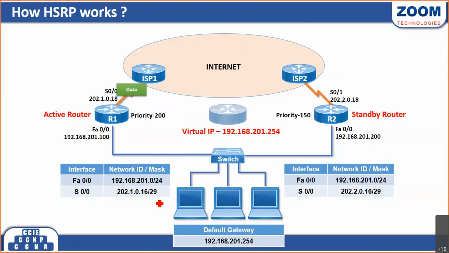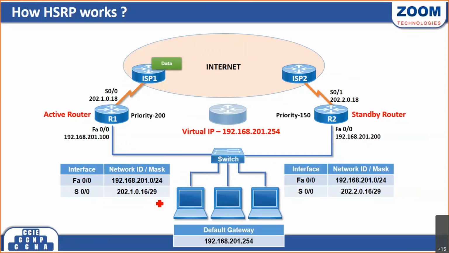Sir, there is R1, R2, and one more router, R3. So R1 is down. Then which one is active, R2 or R3, if there are 3 routers? In HSRP, priority decides the next level.